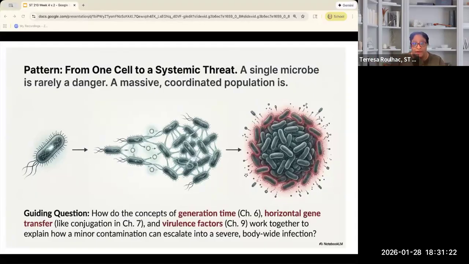So we put it all together: fast reproduction, shared genetic advantages, increased ability to harm and evade. That is how a minor contamination can escalate into a severe body wide infection.